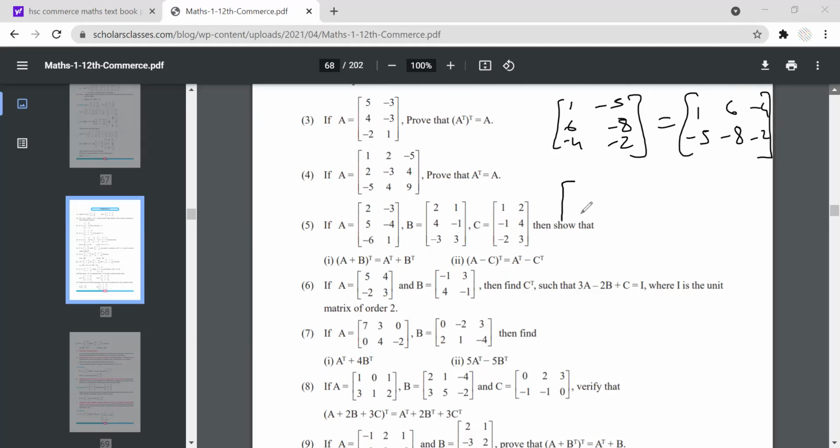तो A ट्रांसपोज हो जाएगा 2 minus 3, 5 minus 4 minus 6, 1, and C transpose is 1, 2 minus 1, 4 minus 2, 3.